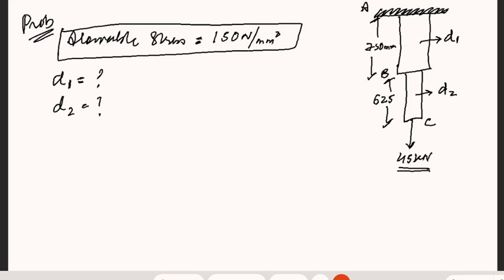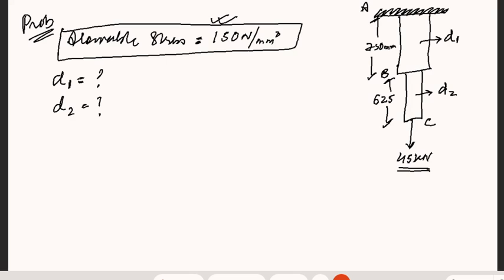On the basis of allowable stresses. This solid cylinder has some limit to undertake stresses. We cannot say that this material will take any sort of stress. It can only take up to the permissible limit of 150 newton per mm square. If the stress is more than that, the member can fail.